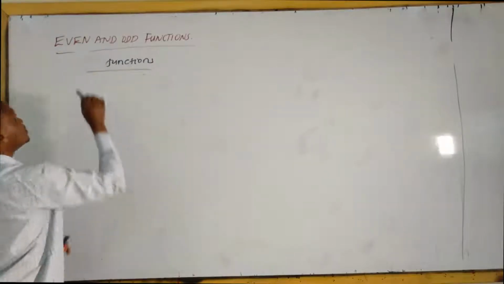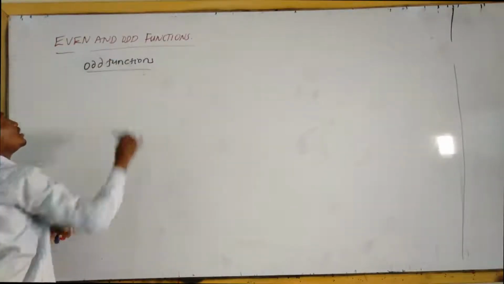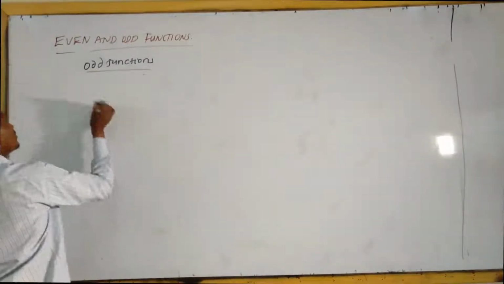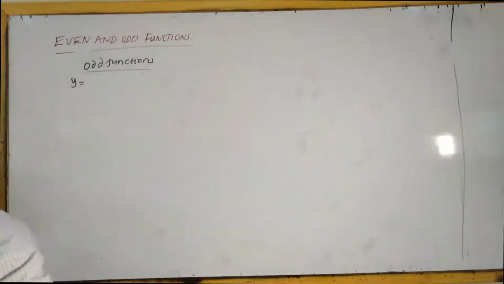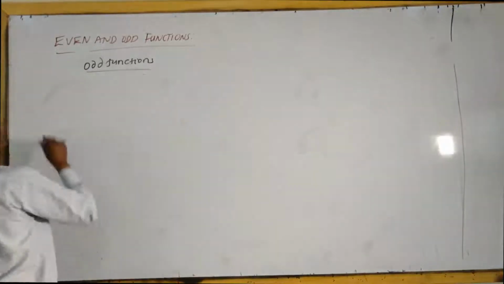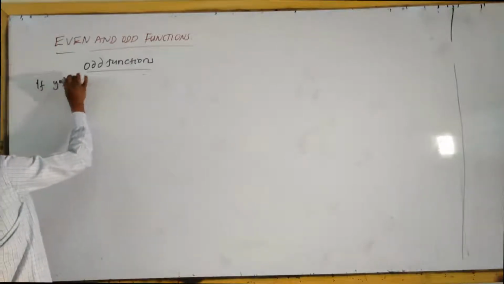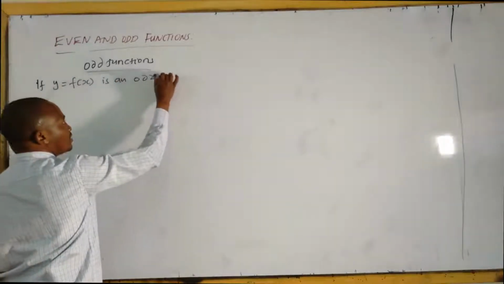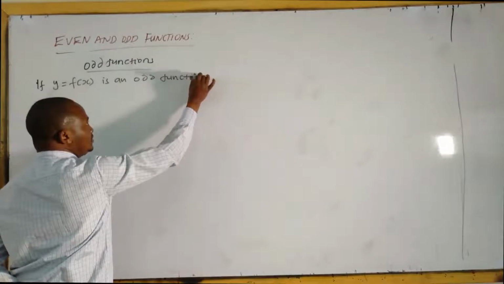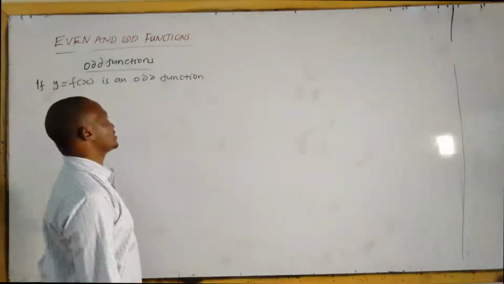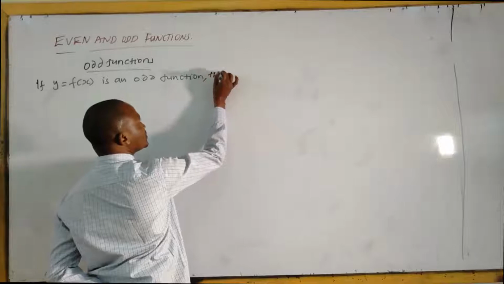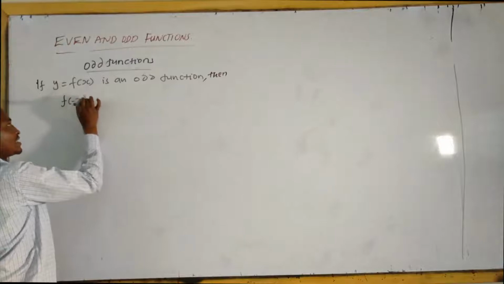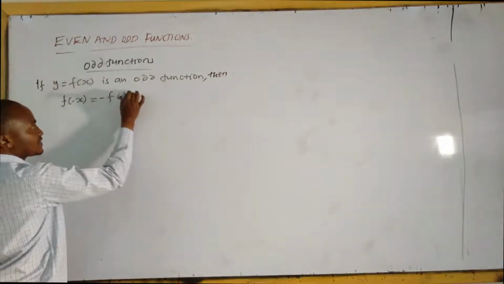What is an odd function? An odd function: if y is a function of x and is an odd function, then the function of negative x is equal to the negative of the function of x.